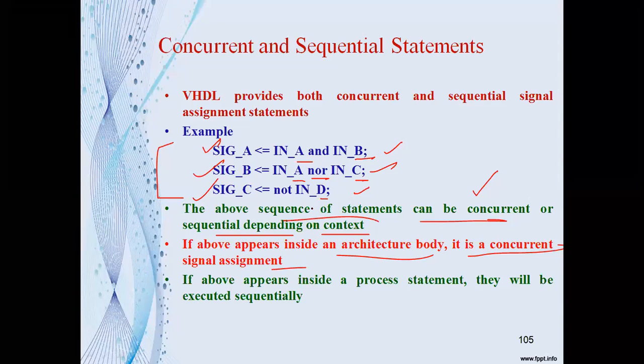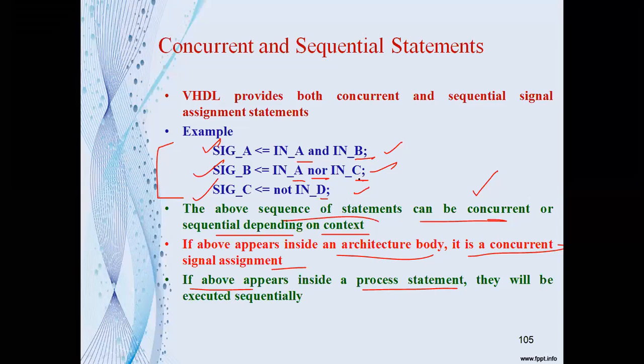This way of using them is what we use in the data flow modeling. The second case is if these statements are placed in a process statement. We haven't discussed the process statement yet; we will discuss it in the behavioral modeling.